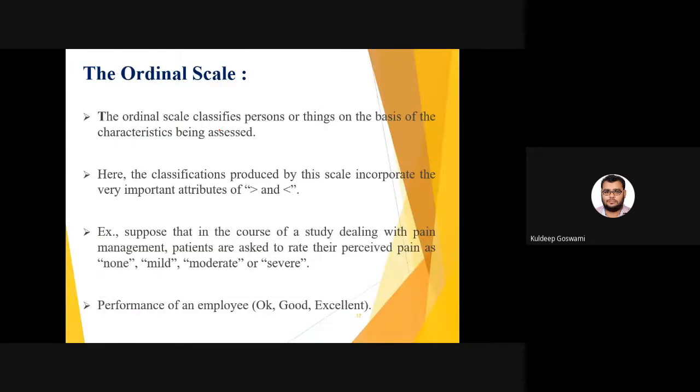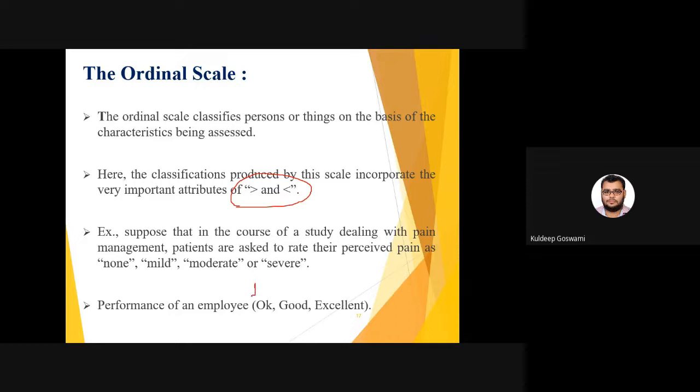Next one is ordinal scale. In ordinal scale, order is needed. In the previous scale it is not needed, but here it is needed. What is the performance of the employee? Maybe good, maybe okay, or maybe excellent. But this is an order.